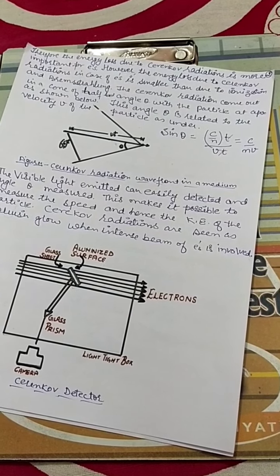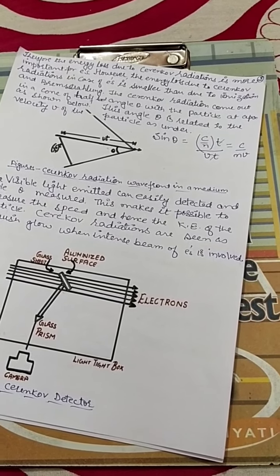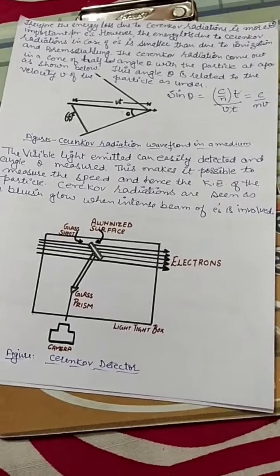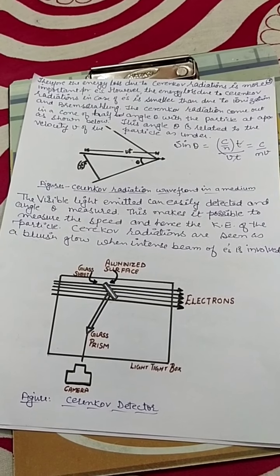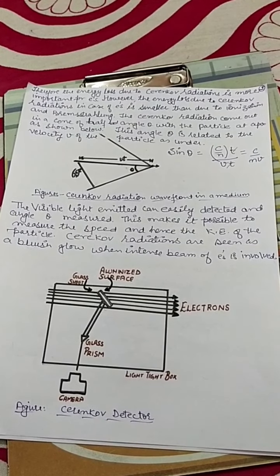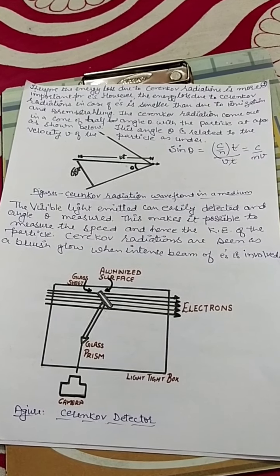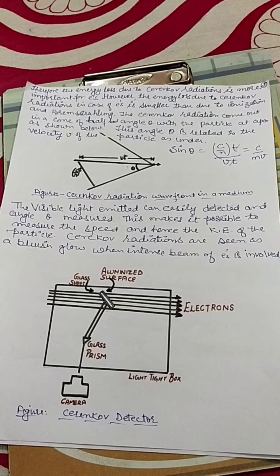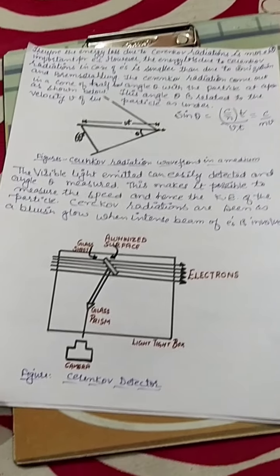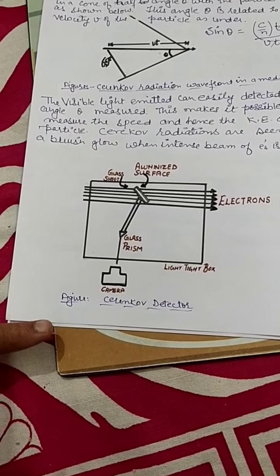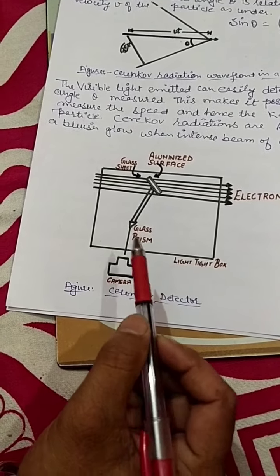The visible light emitted can easily be detected and the angle can be calculated. This makes it possible to measure the speed and the kinetic energy of the particles. These Cherenkov radiations are seen as a bluish glow when an intense beam of electrons is involved. The apparatus used for the Cherenkov detector is shown here.